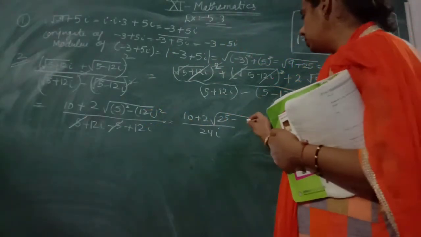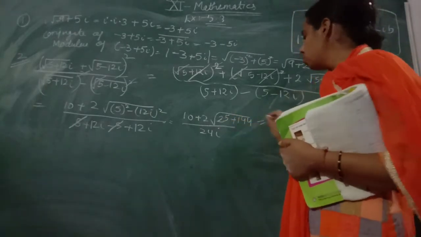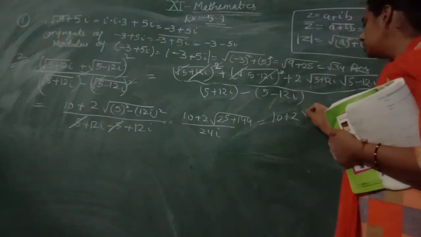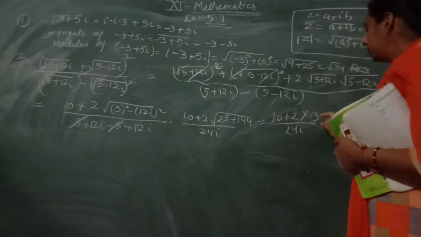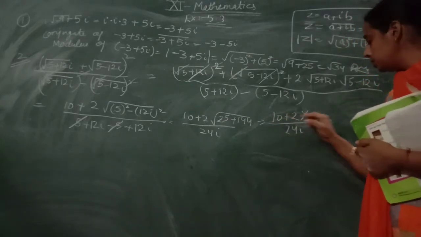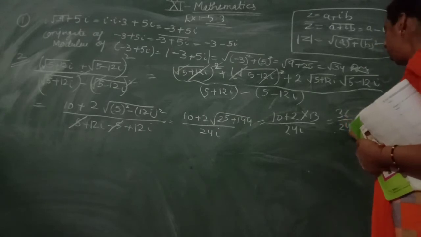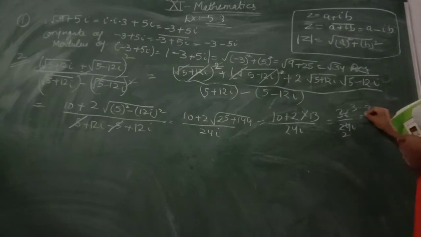Put the value of iota square, it becomes plus 144. And 144 plus 25 is 169, whose root is 13. And 13 into 2 is 26. 26 plus 10 is 36 by 24 iota. On solving this value, you have 3 by 2 iota.